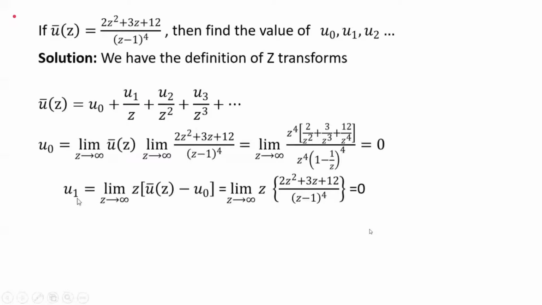So I can treat u1 to be the limit of this, which is the limit of z into u bar of z, which is given to be this, as z tends to infinity. You must be aware that if both the numerator and denominator are polynomials in Z, then as Z tends to infinity, if the numerator is of lesser degree, the value of the limit is 0. Similarly, you can take that.